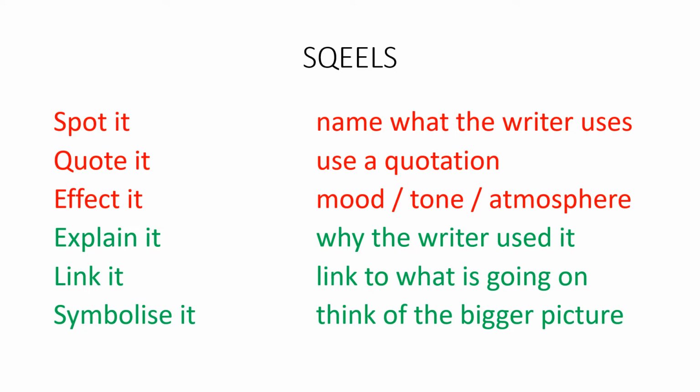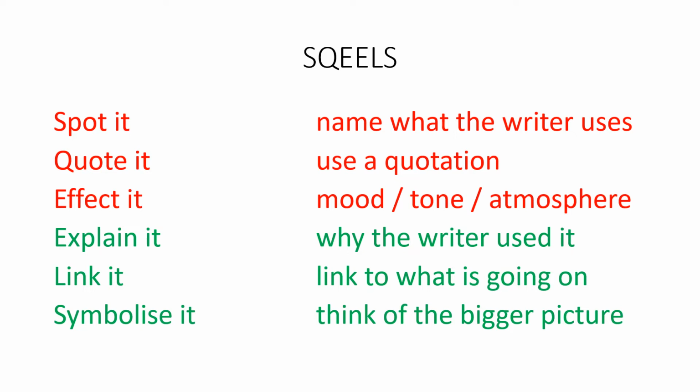Is it a symbol about an idea in society? Is it a symbol of religion? Be careful with the symbolism one, because some people just chuck in symbols left, right, and centre. You've really got to think about that one. Again, it's based on knowing the text really well. If you've read it properly in that 15 minutes, then you will probably be able to pick out some of the big ideas in the text.